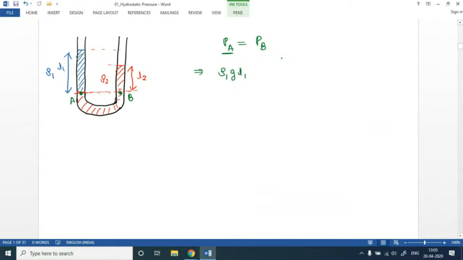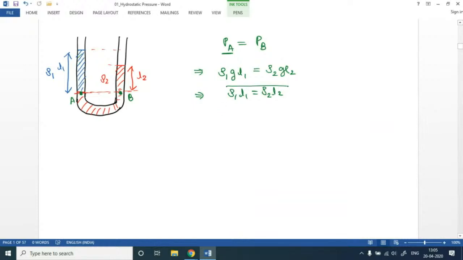So whenever we are looking at the pressure difference, we can work with gauge pressure as well, because the P atm term gets cancelled. So we can simply write rho1 g L1 is equal to rho2 g L2, which gives simply rho1 L1 is equal to rho2 L2.